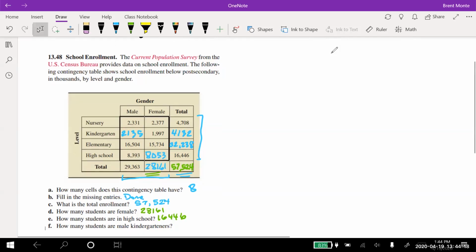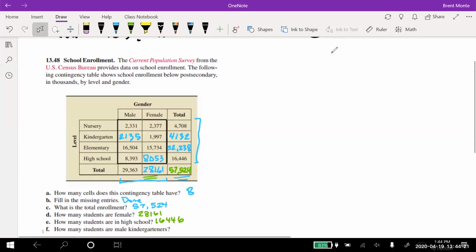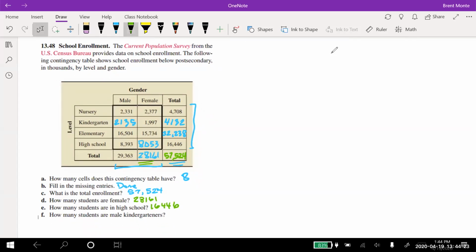The last question says, how many students are male kindergartners? So notice what this one is. They have to be male, so they have to be in this first column, but they also have to be in kindergarten, so in this row. And so what I'm doing is I'm just looking to see where those overlap. So the overlap is that 2,135. And I'm done.